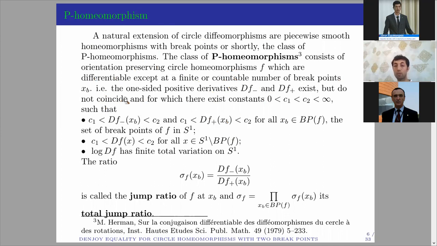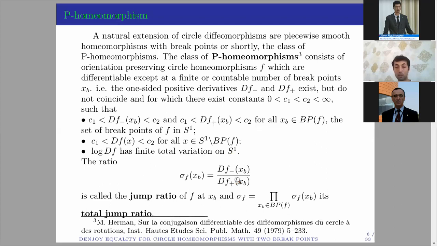Breakpoints mean that their one-sided derivatives exist but do not coincide, and there exist two finite constants C1 and C2 such that the one-sided derivatives at the breakpoints are bounded by C1 and C2, and all non-breakpoint derivatives are also bounded by C1 and C2, and the total variation of the logarithm of Df on S1 is also finite.